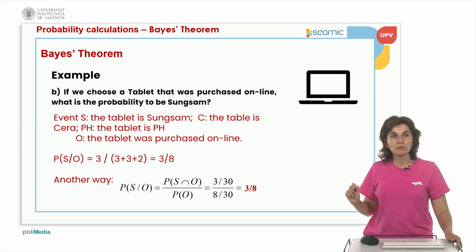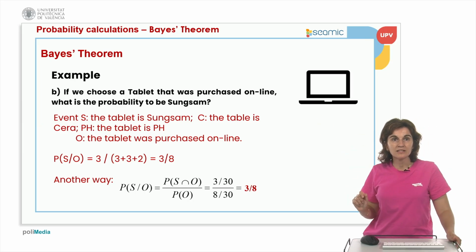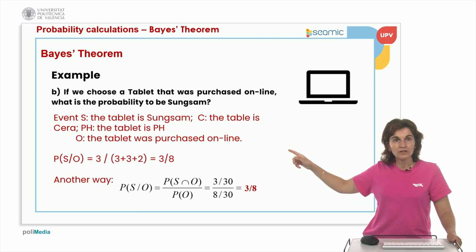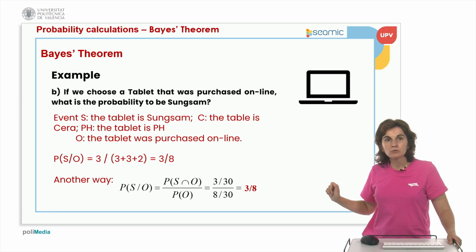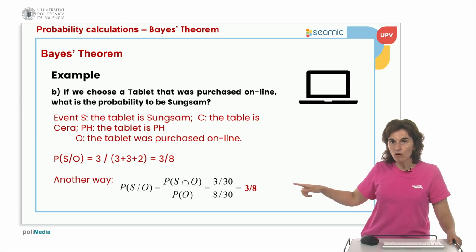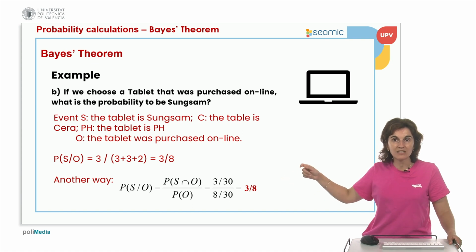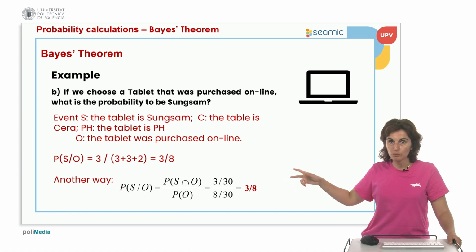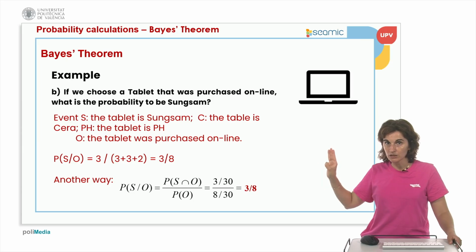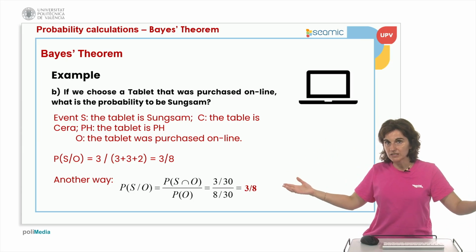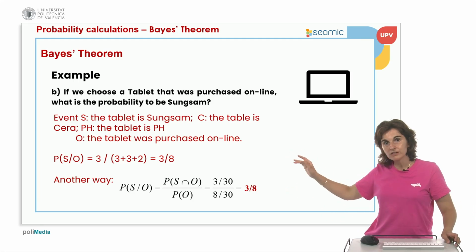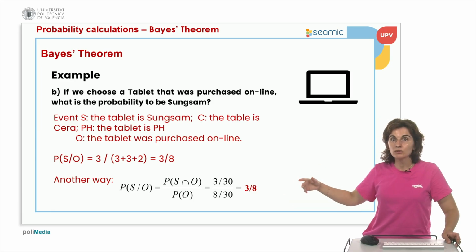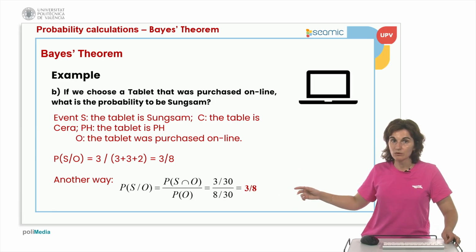So here in this probability, we are computing this as 3 over 3 plus 3 plus 3. What does it mean? We are computing this probability as the number of devices that were Samsung and were purchased online, which were 3 devices, over the total number of devices that were purchased online in the denominator.